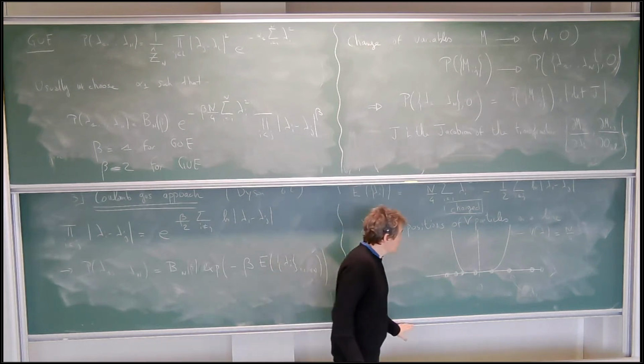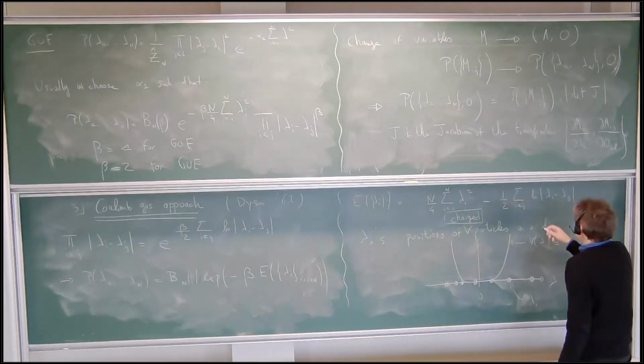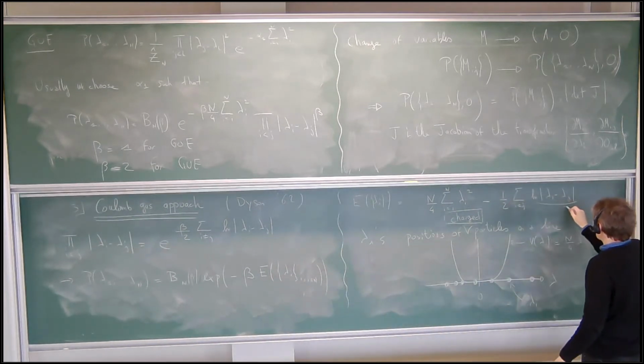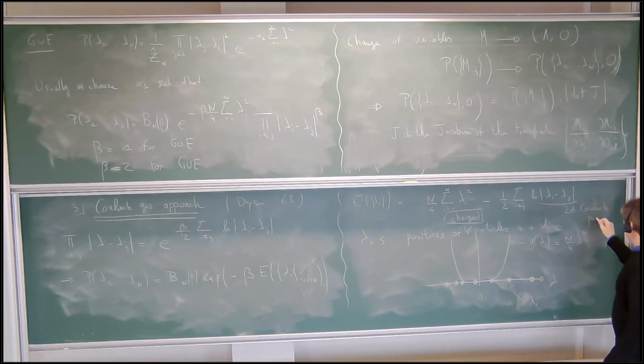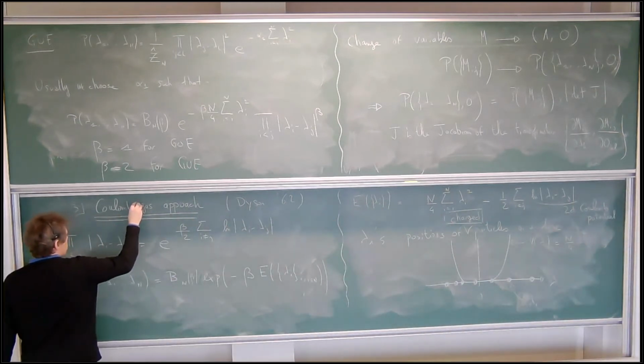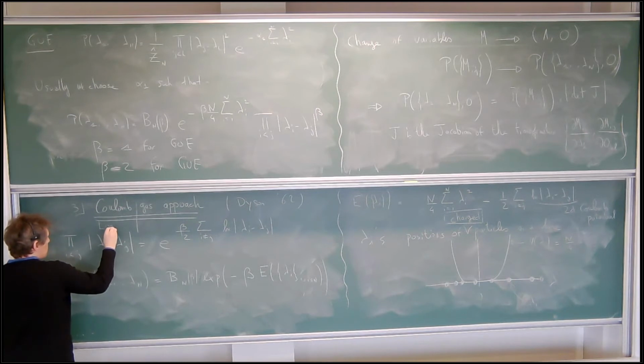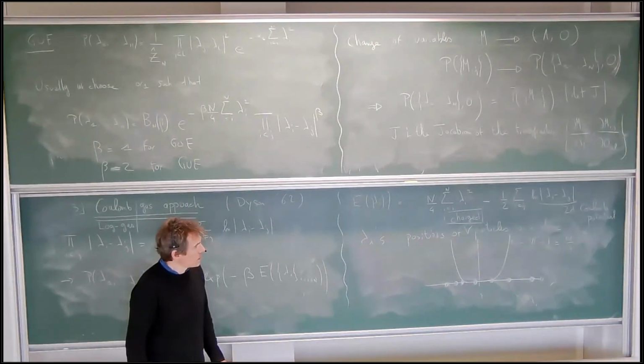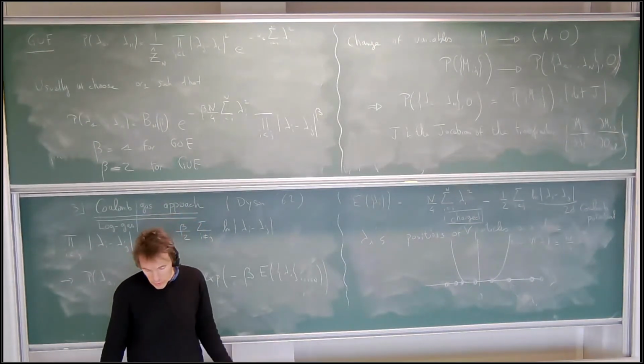Because of this 2D Coulomb potential, this is called a Coulomb gas. Sometimes this is also called the log gas, for some obvious reason. So that's what you need to study.